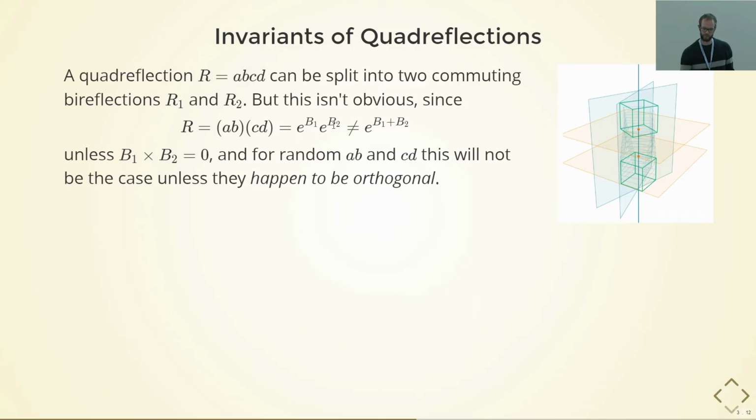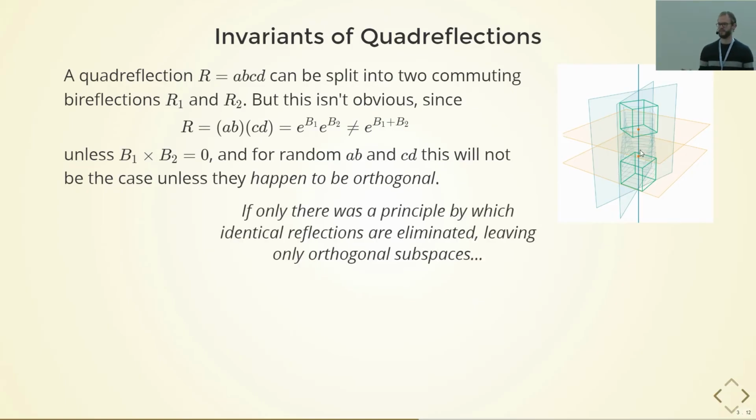But now we have a problem because in general, the product of e to the power b1 and e to the power b2 is not the same as e to the power b1 plus b2 unless these two bivectors commute. And for a general pair of bireflections, that will not be the case. So this only happens in the special case that these two pairs of reflections happen to be orthogonal, like I've drawn it here.